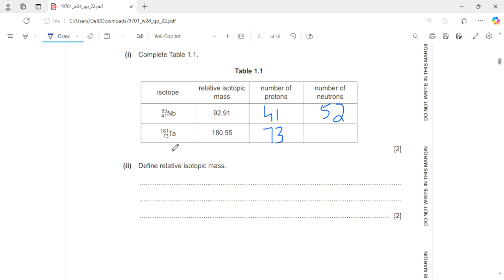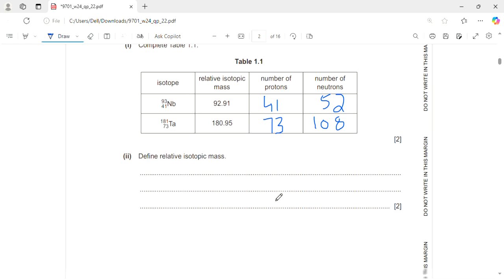Just simple, 181 minus 73, you will get 108 neutrons. So it's a very simple question.